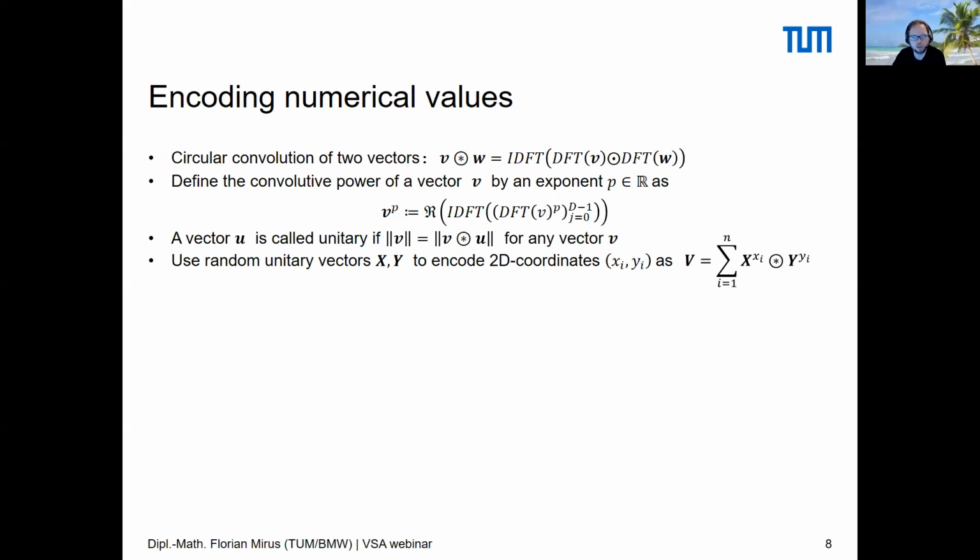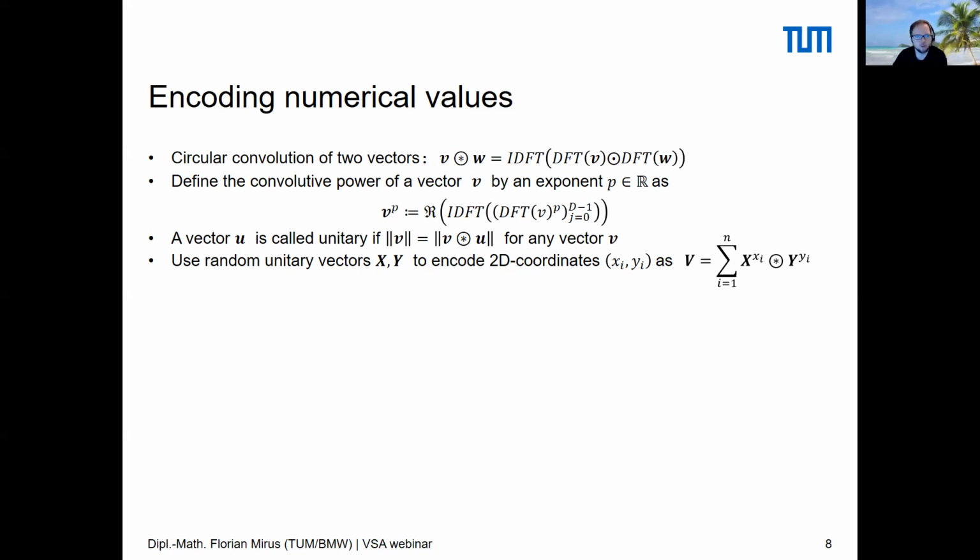To calculate circular convolution, we use the discrete Fourier transform of both vectors. And in the Fourier space, we employ element-wise multiplication and then use the inverse discrete Fourier transform to actually calculate the circular convolution. And with this definition, we can actually define a convolutive power by an exponent.